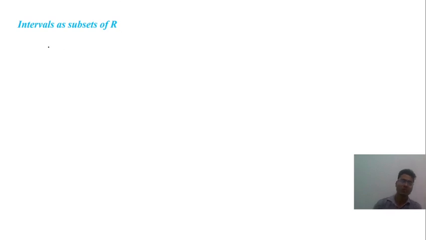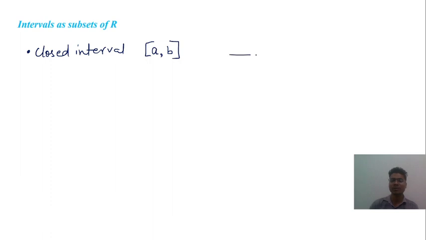Now I will have to explain the intervals, the subsets of R. I will first explain the closed interval. It is this one. If I write two numbers here, what does it mean?